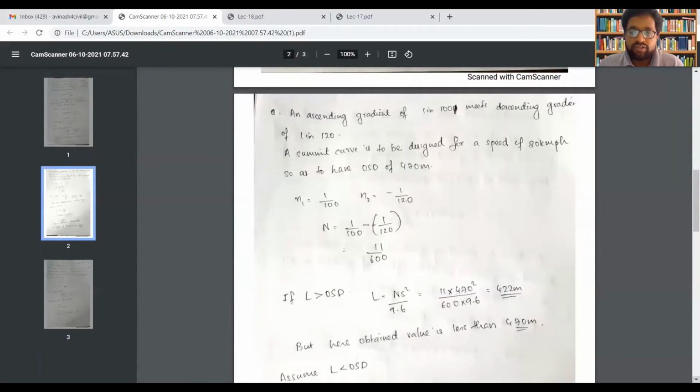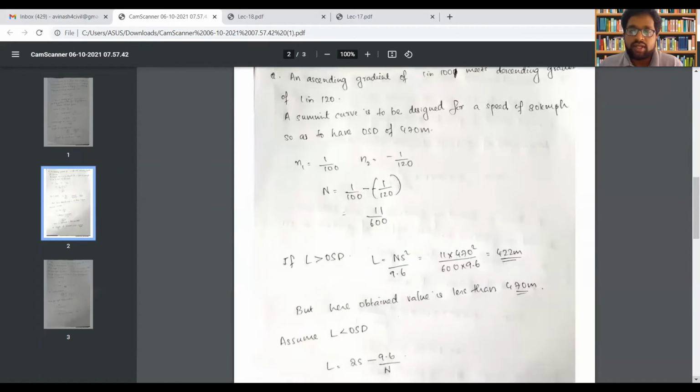So the length of transition curve L is equal to ns square divided by 9.6. So n is 11 by 600 into s square is 470 square divided by 9.6. 11 into 470 square divided by 600 into 9.6, that is 422 meter is the length of the summit curve.